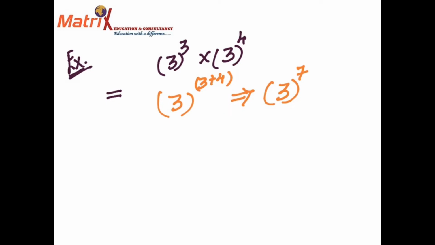Always try to put the base in brackets and the power outside, so that we don't get confused. Sometimes when we are rushing in a competition or even in an examination, we mess up the base and the power. So please keep the base in brackets and the power separated. So here, 3 raised to the power of 7.